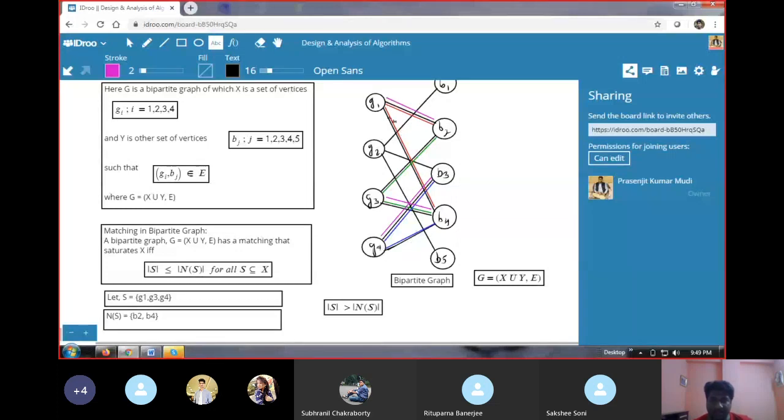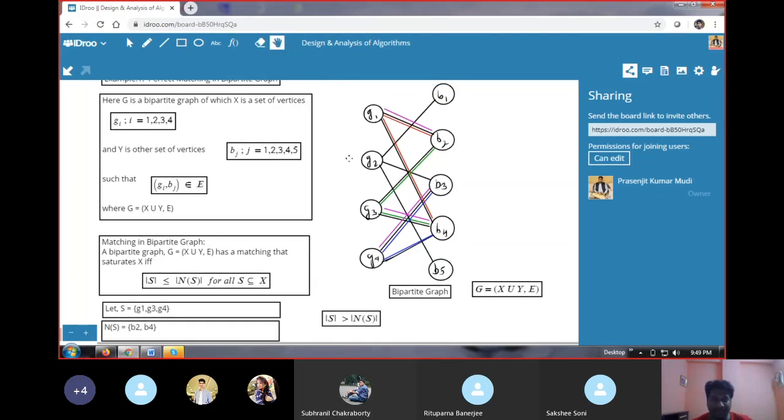The red colors show the possible edges to find a match for G1. Let's say G1, G2, G3, G4 are four girls, and we have five boys: B1, B2, B3, B4, and B5. We want to establish boyfriend-girlfriend relationships given four girls and five boys.